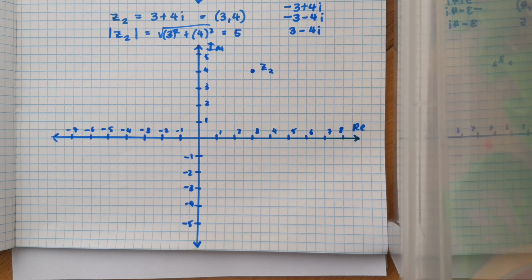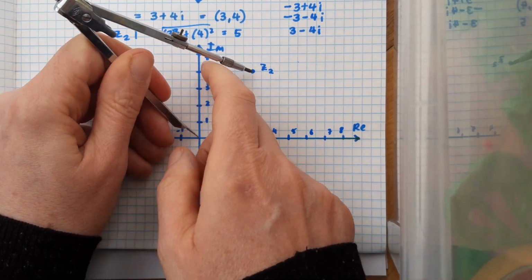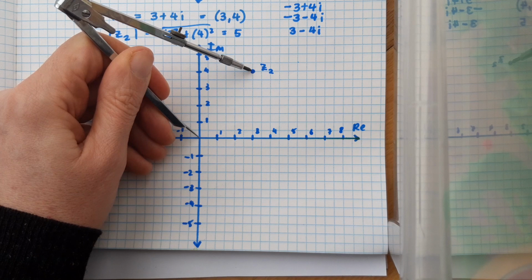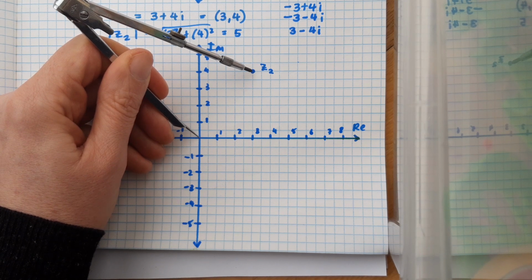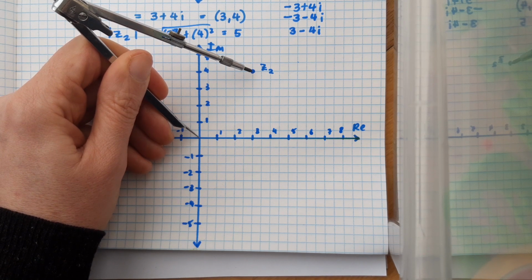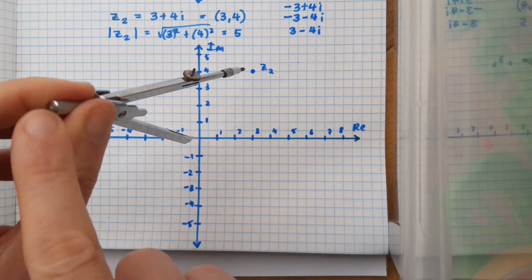So now I have got my Z2, and I'm going to put my compass point on the origin, and I'm going to put my pencil on Z2. And notice that with the compass, what I've effectively done is measured a radius of a circle. So if I draw a circle now, with the centre at the origin, then I'm going to essentially be identifying all the points that are a distance of 5 from the origin.